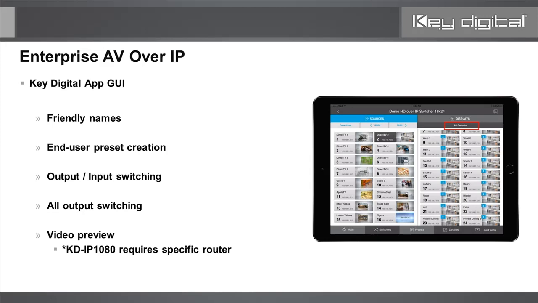But with the IP1080s, it is a full motion video decoder into the app, or with the IP922s, it is a one-second refresh. It is a thumbnail, an image that is refreshed every 1 second to give you an idea of what each video source is outputting content-wise and what each video display is viewing.